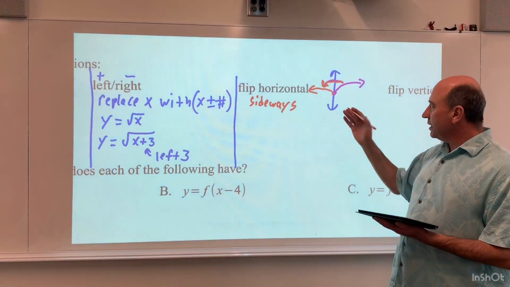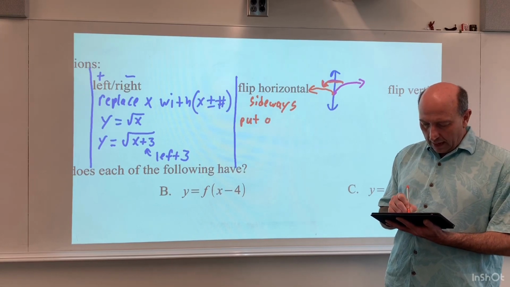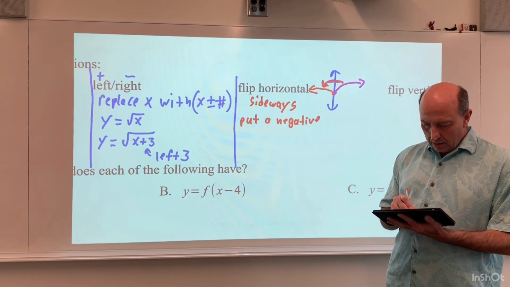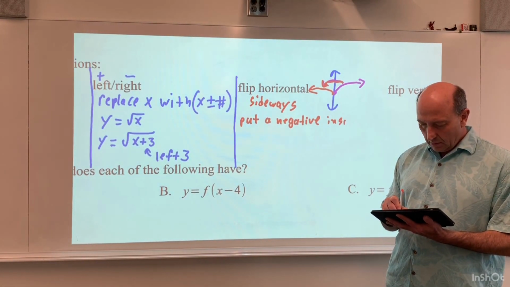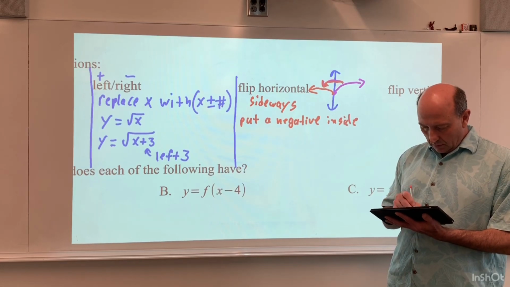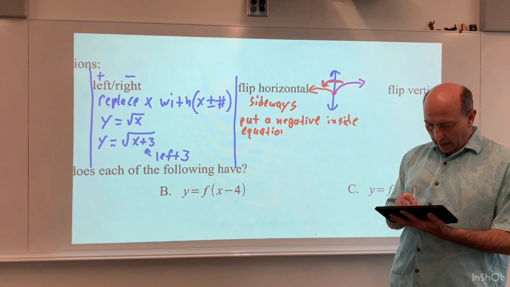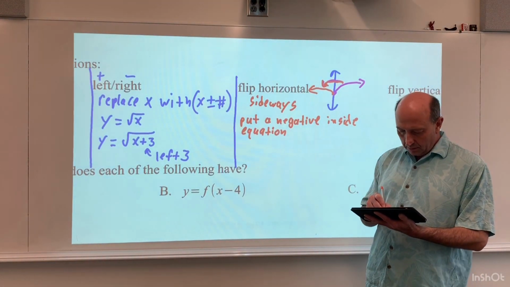To flip something sideways, you put a negative inside the equation, in front of whatever x is.